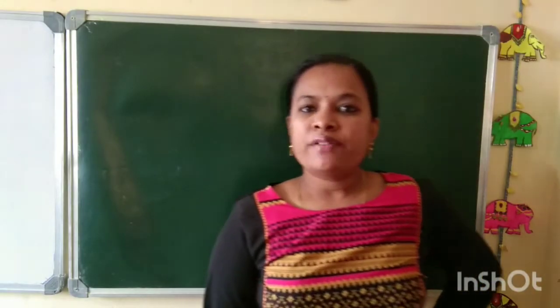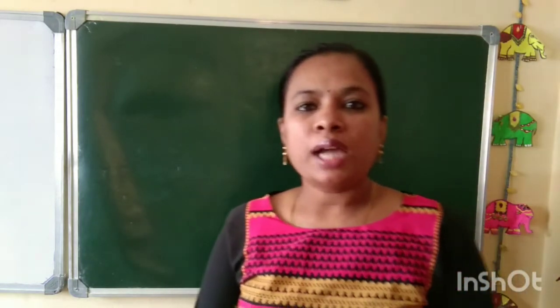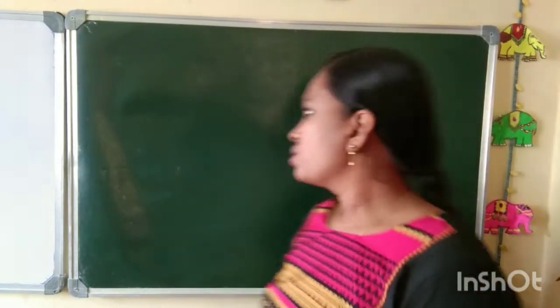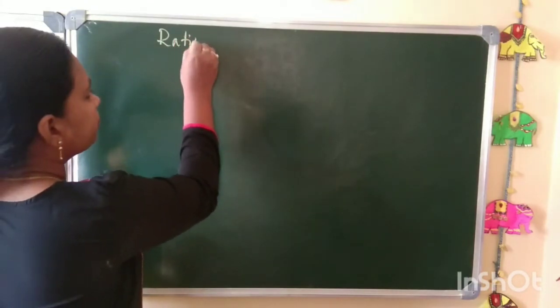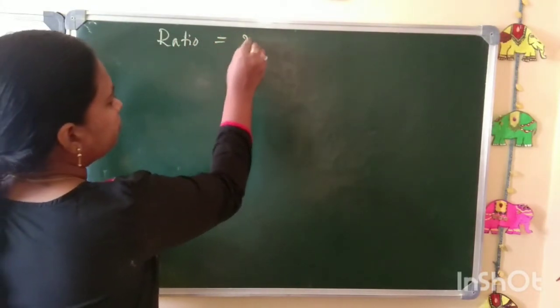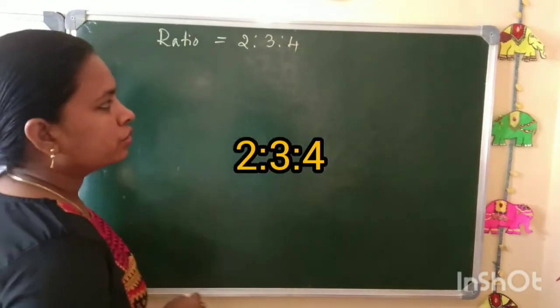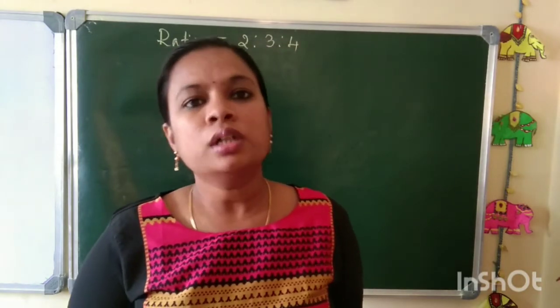Okay, so now you have a rectangular box and they have given the dimensions here. The ratio is 2:3:4. So now the other information what you know is the difference of the cost.